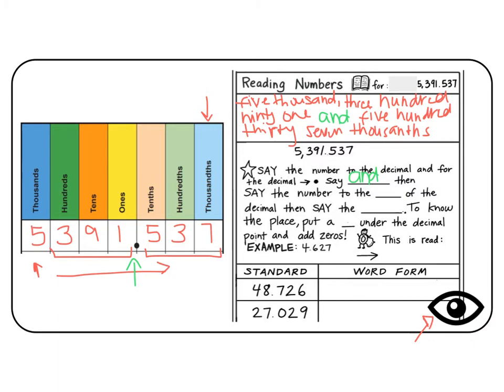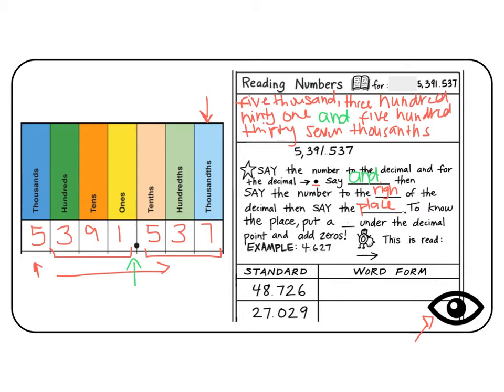So when we see a decimal, we say the word and. We say the number to the right of the decimal, and then we say the place value. So we say the 537, then we say the thousandths.